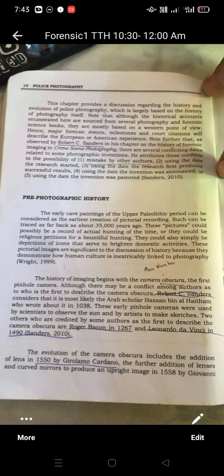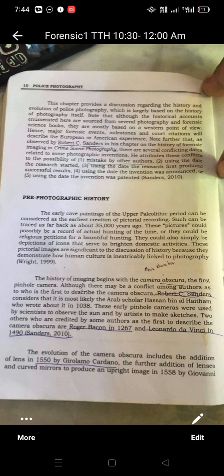So next, pre-photographic history. The Upper Paleolithic period is considered the earliest creation of pictorial recording, which could be traced 35,000 years ago.